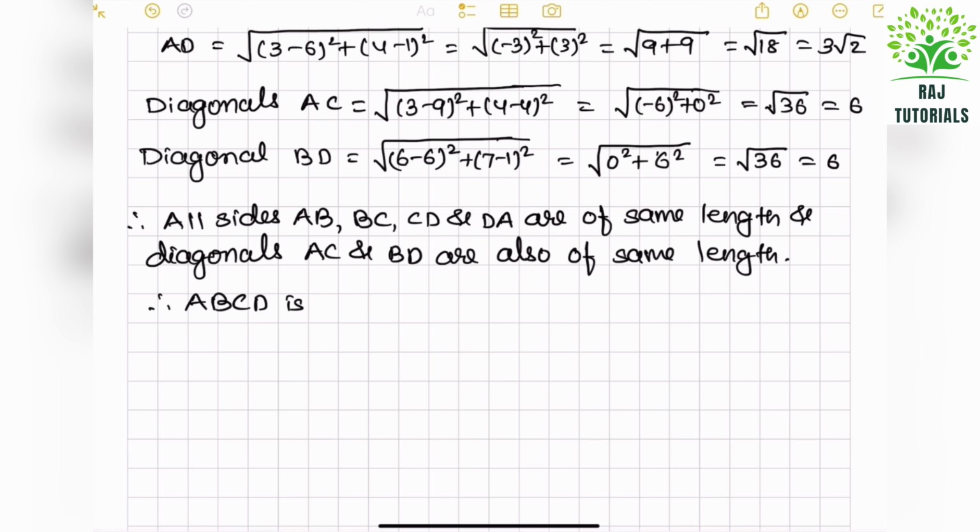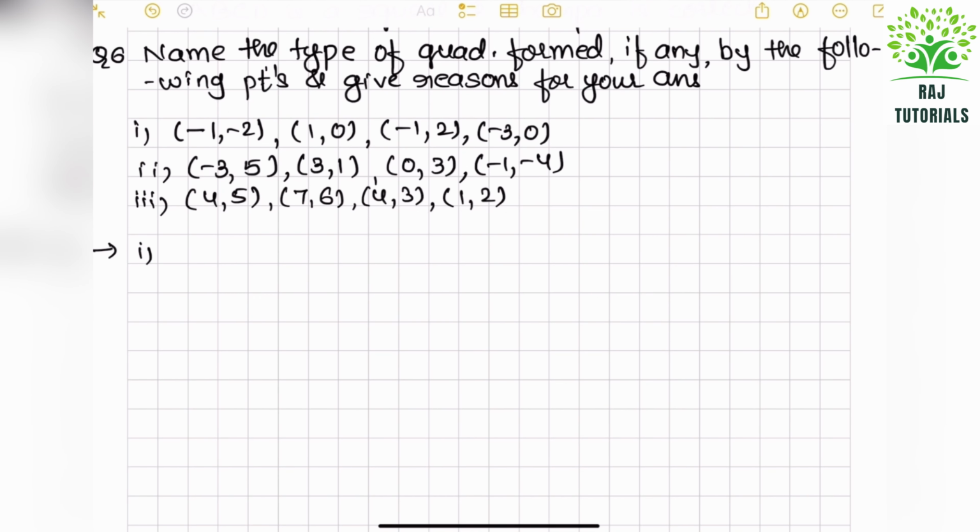Therefore ABCD is a square and Champa is correct.